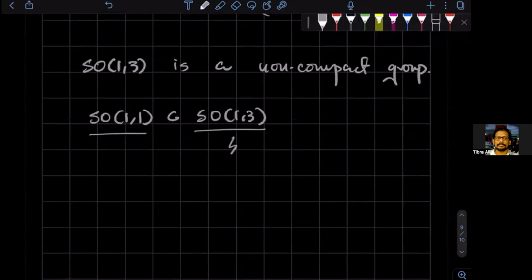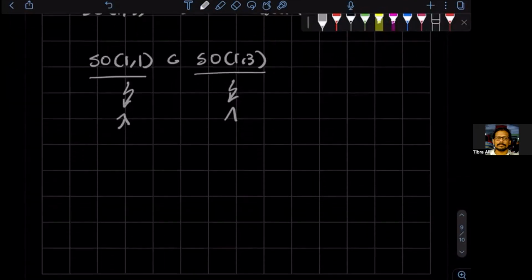Because if I take an element lambda of SO(1,3) and another element small lambda of SO(1,1), then I can write, for example, there could be small lambda here. That is just one of the embeddings.